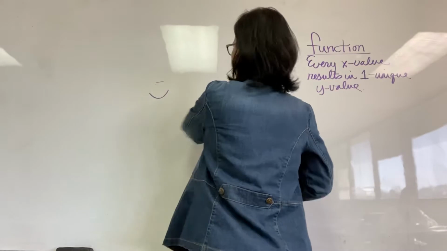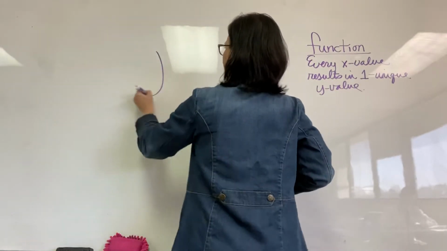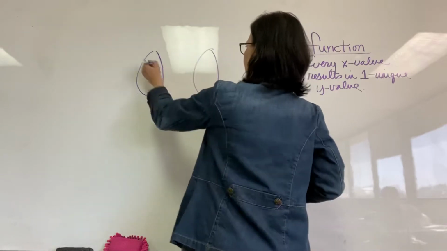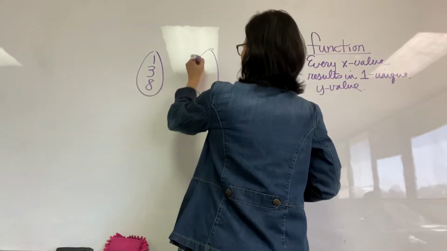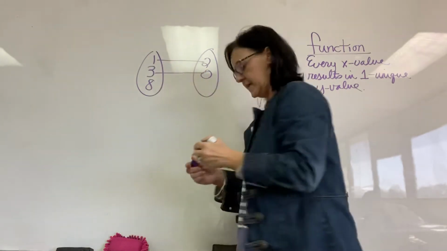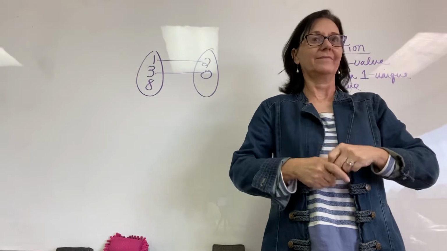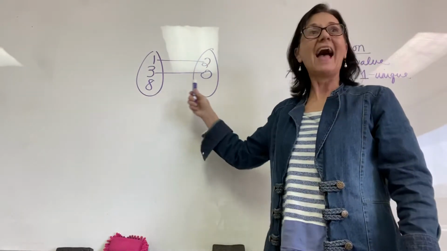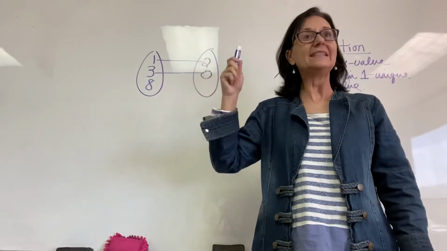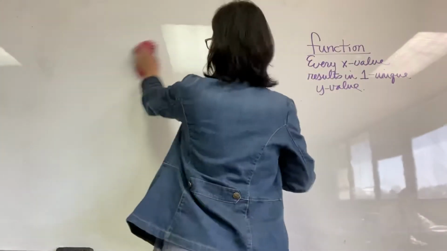Okay, one more. Is that a function? No, because 8 doesn't have a value. 8 has to have a y value, and it doesn't. Okay, so our homework problems can look like that.